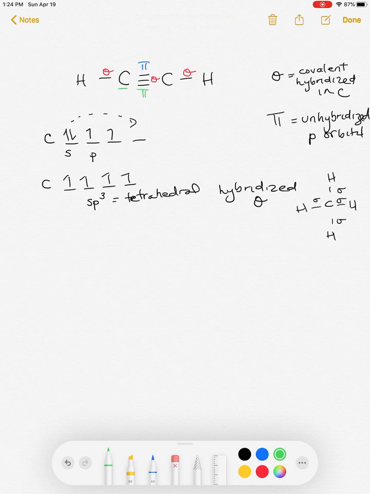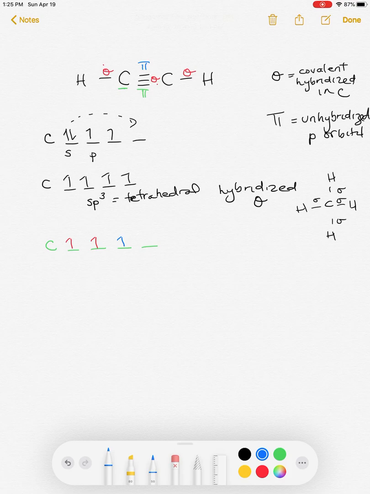So let's talk about this carbon first. All right, so I'm gonna make him green. Okay, and it's got the one sigma here, the other sigma there.